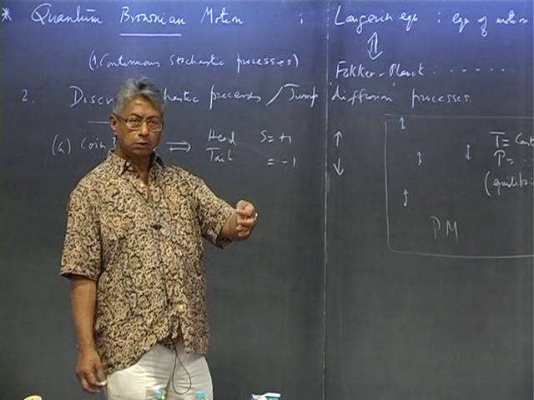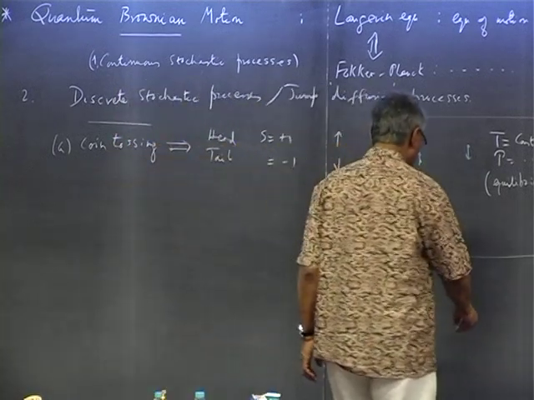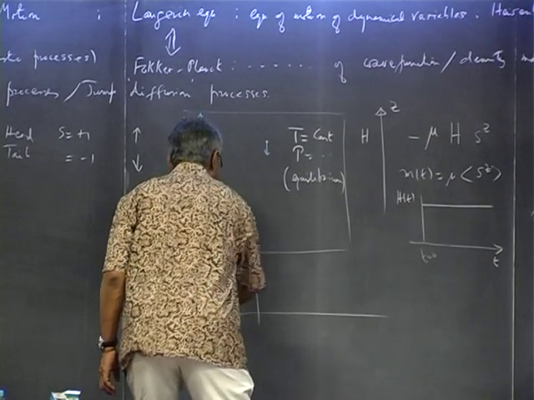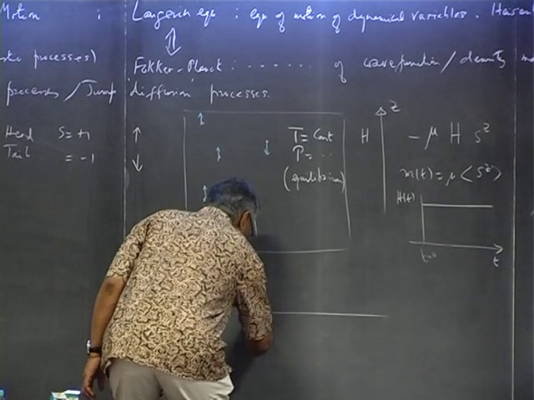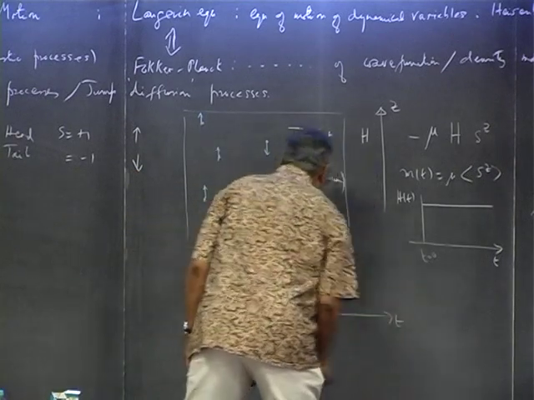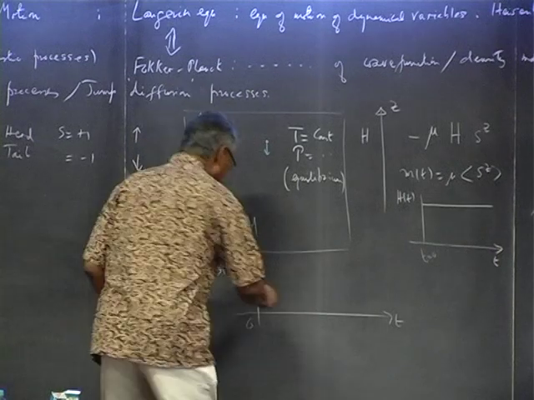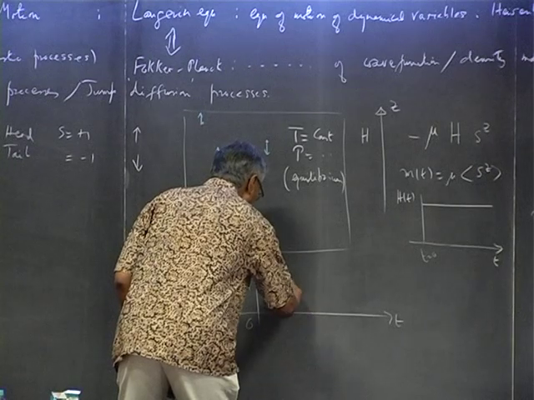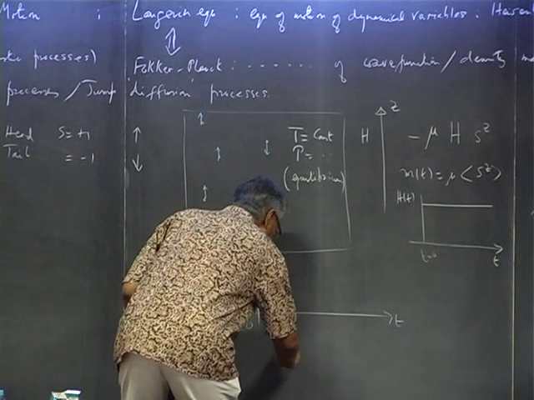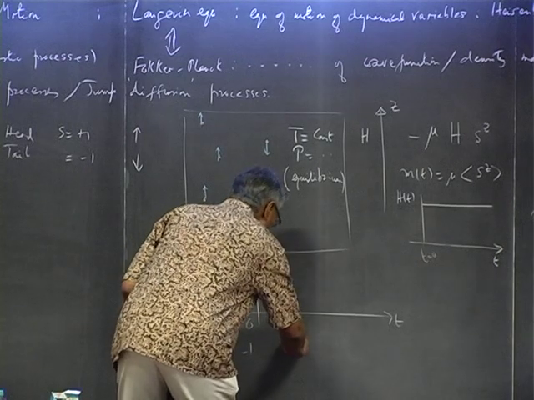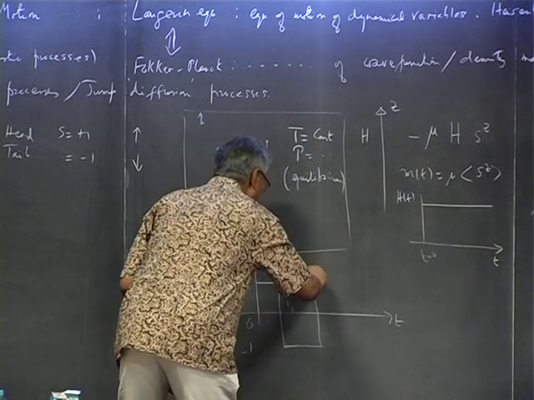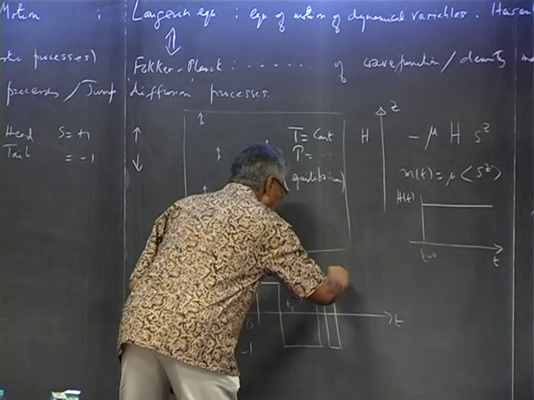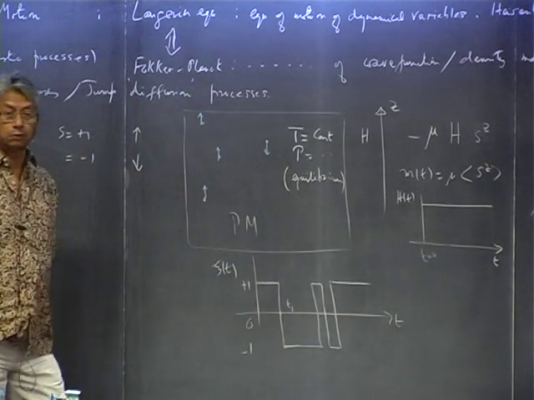Then you have a stochastic process, call it xi of t, which is a jump process, and you start at time t equal to 0. xi of t remains +1 for some time, and then at an arbitrary time t1, it jumps to the value -1, then it stays there for some time, jumps back again, stays there for some time, jumps again, and you have something like this.